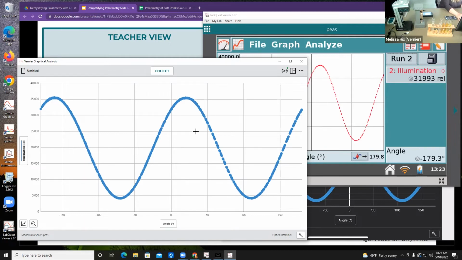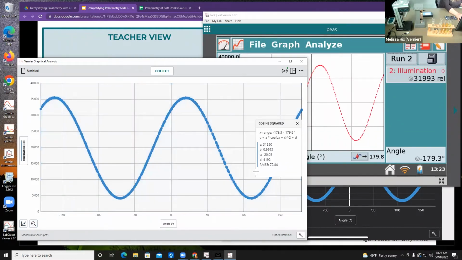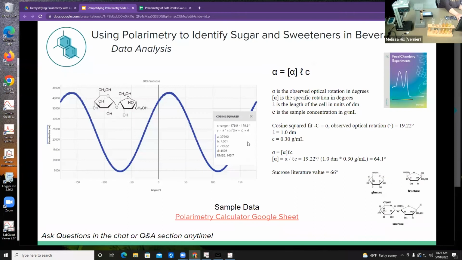Just that first off the hand look, but now I need to make it quantitative, right? So I'm going to go in here and do my cosine squared waveform again. This isn't as easy as water, that should be 0 to do that math in our head. We actually need to do a little bit of math. This Biot's law that I mentioned earlier, alpha is what we're getting right now, the observed optical rotation. That's what's coming off of the data.